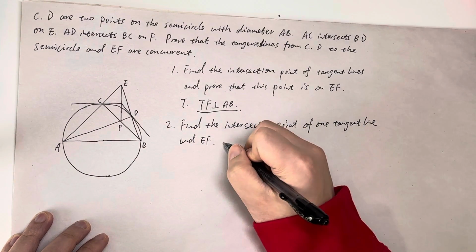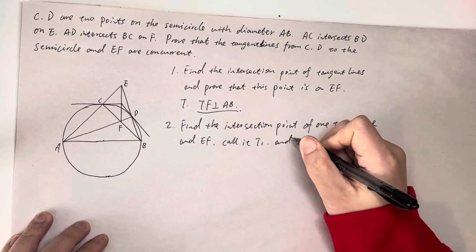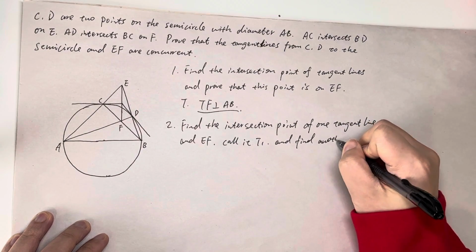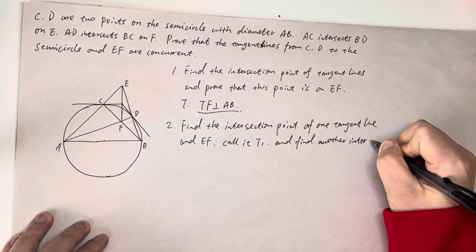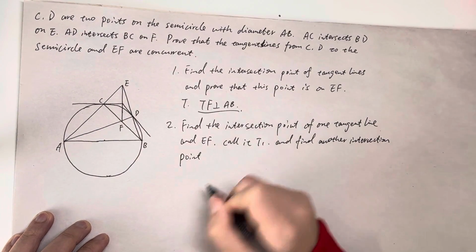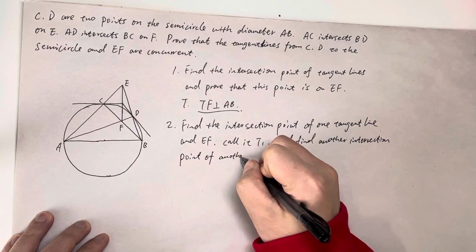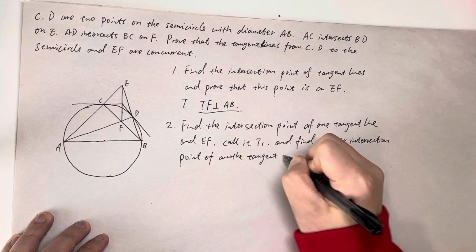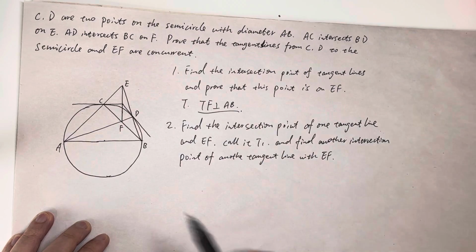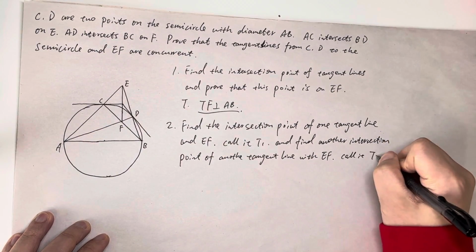We call it T1, and find another intersection point of the other tangent line with EF, and call it T2.